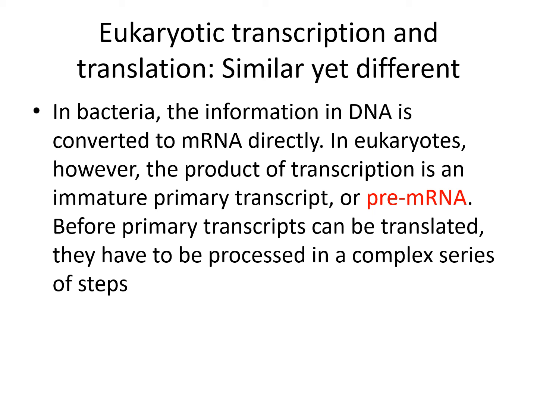In bacteria, the information in DNA is converted to mRNA directly, right? But in eukaryotes, the product of the transcription is an immature primary transcript, called pre-mRNA. This pre-mRNA cannot be translated. Before it can be translated, it must first be processed in a complex series of steps.